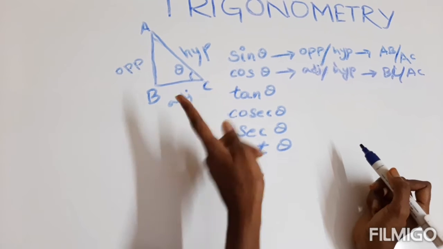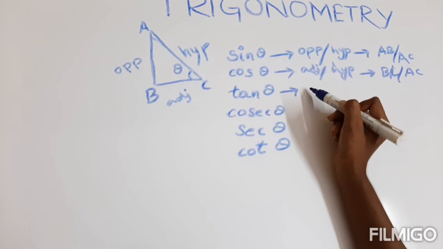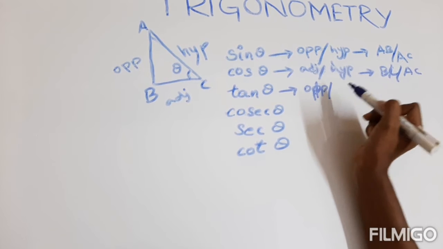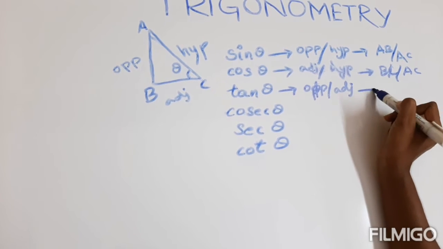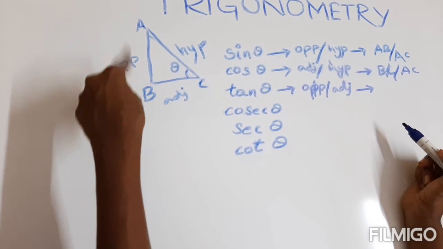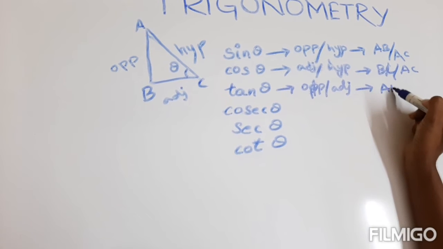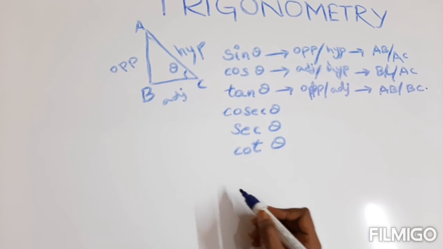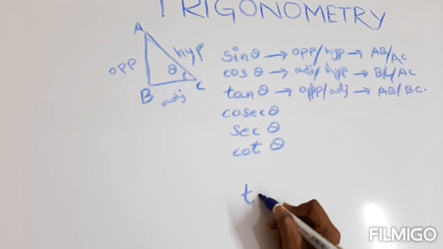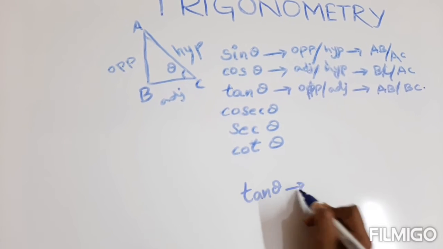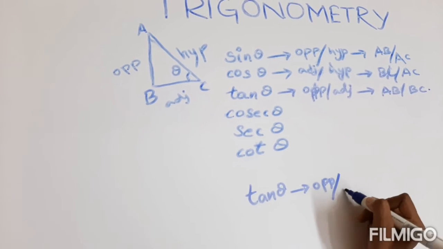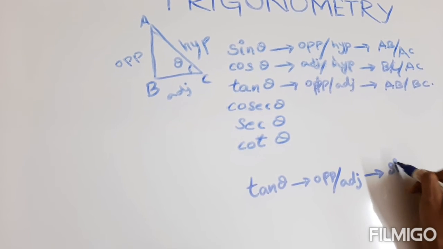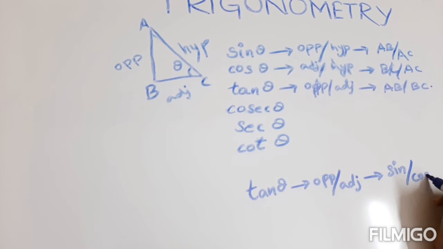And the formula for tan theta is opposite over adjacent, which is AB by BC. We can observe a small thing here. The formula of tan theta, which is opposite over adjacent, can be written as sin theta by cos theta.